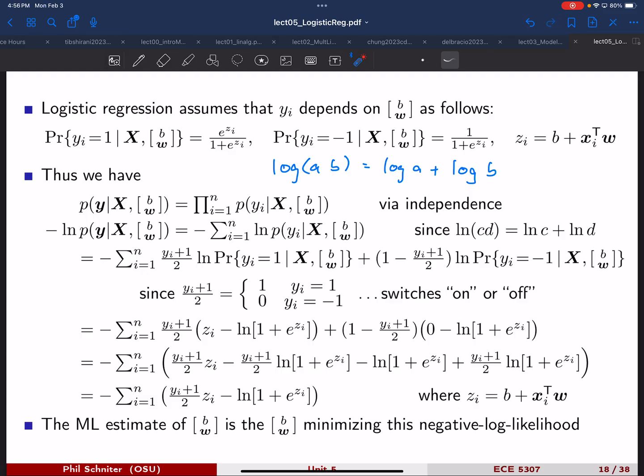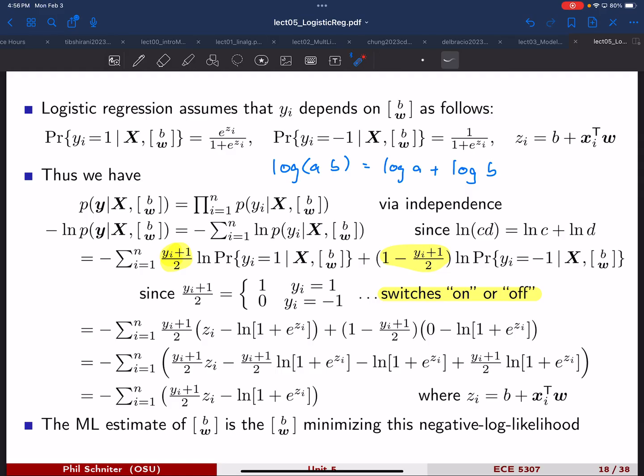So in other words, when I put in yi equals 1, I get this. And now over here, I have 1 minus that switching variable. So if I put in yi equals minus 1, then this goes to 0. This thing turns into a 1, and I get this term. Okay, so that's the whole trick to this derivation.